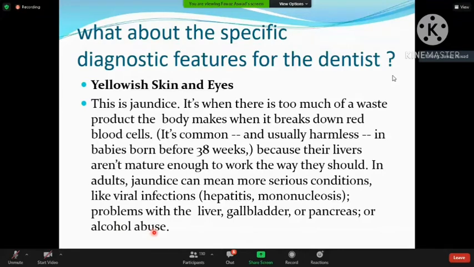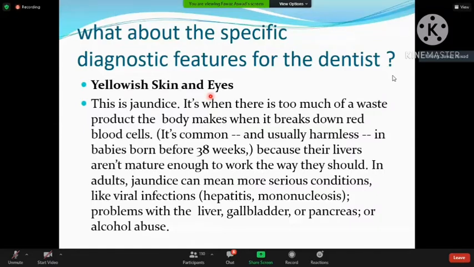This is the main point. Also we return to the practical side. When we see a young patient attending and complaining of yellowish skin and eyes, we suspect that hepatitis may be the main cause.